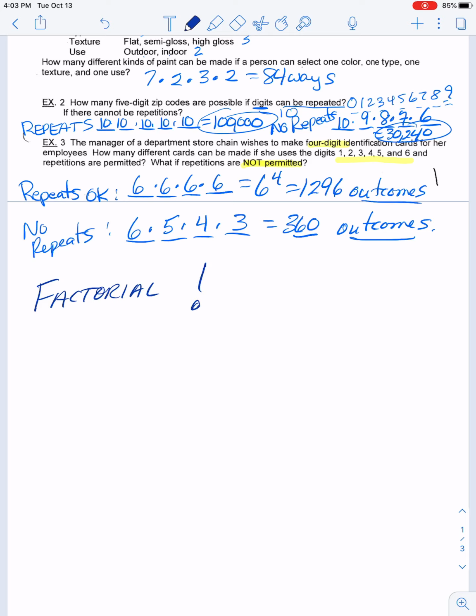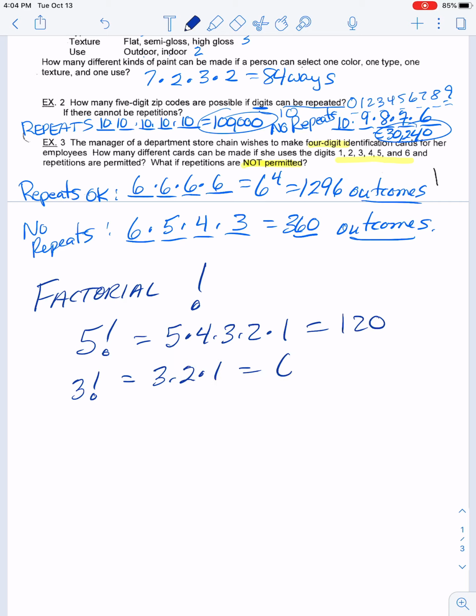Sometimes in probability like this, it's useful to know, like 5 factorial, that means you multiply starting at 5 and multiply down to 1, the whole numbers. So 5 times 4 times 3 times 2 times 1, or 120. If you do 3 factorial, that means 3 times 2 times 1, so 6.